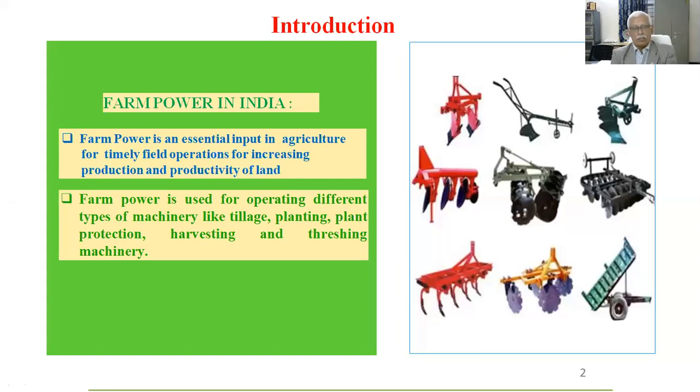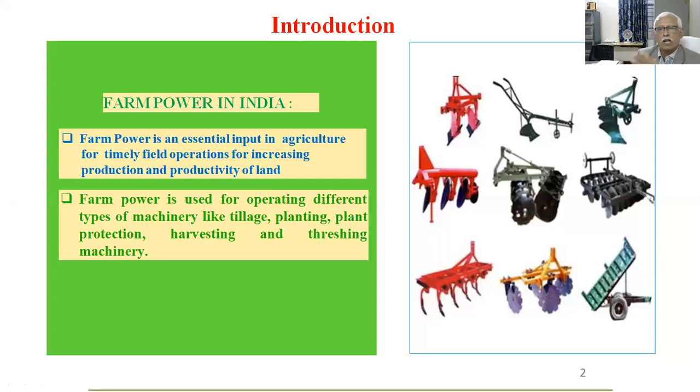So farm power, already we had a different approach towards this. In every sphere of activity, right from seeding or sample putting, seeds sowing, to harvesting, we are resorting to all kinds of mechanization. We are using one or the other kind of machines or tools.